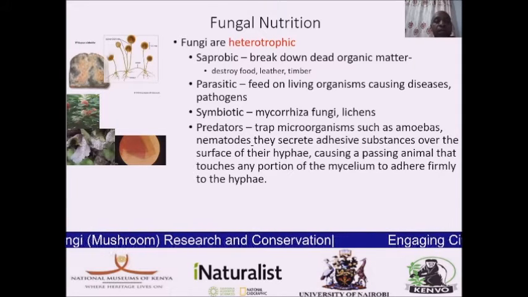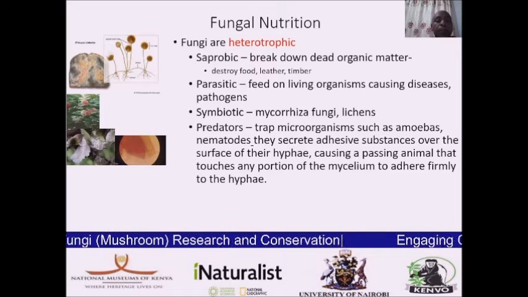So most of the bad pathogens for both plants and animals are parasitic fungi. Others live in symbiotic relationships, for example, the mycorrhizal fungi, which form symbiotic relationships with green plants, and also the lichen-forming fungi, which form symbiotic relationships with algae or cyanobacteria.